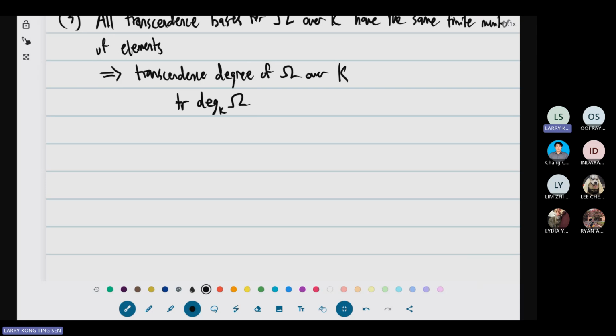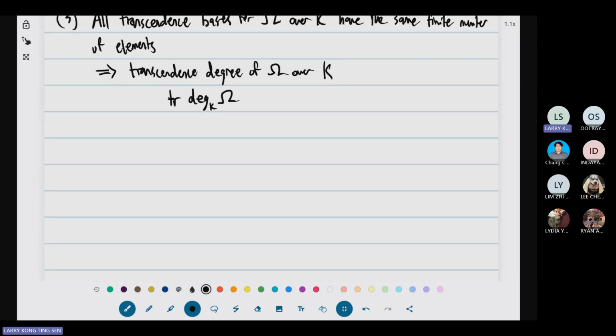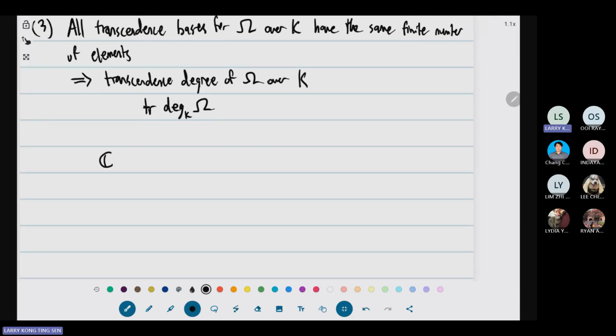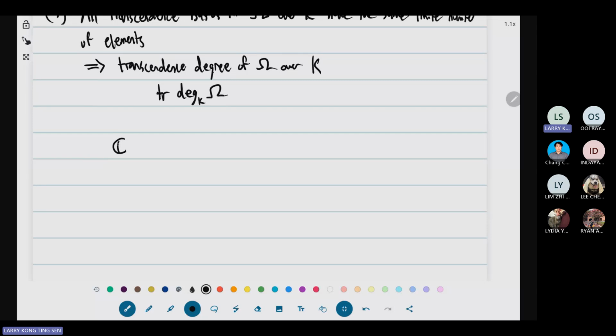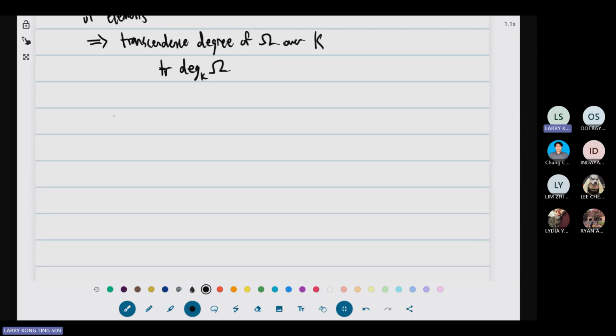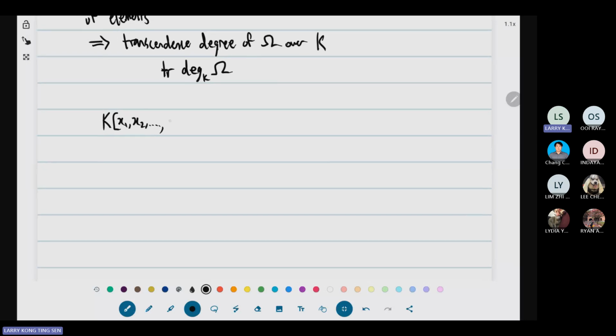So let's say we have a polynomial ring, and we want to look at it from just K itself.